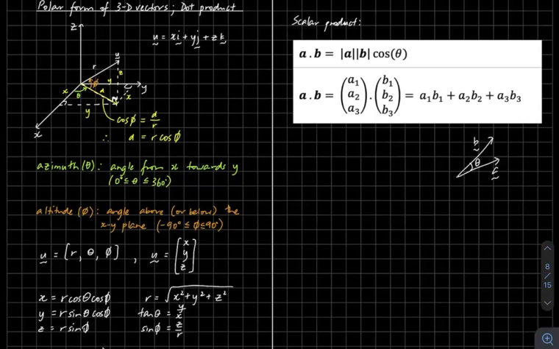Now, we don't need to say too much more about that, except that the scalar product has some incredibly useful applications, and probably even more so when we come to three-dimensional vectors. So when we think about what we can do with the scalar product, let's remember that we could rearrange that first definition.